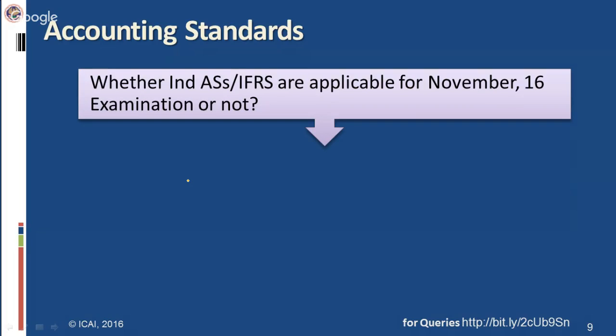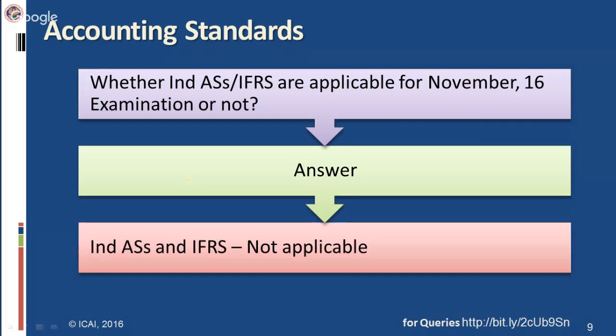Many students have also asked whether Ind AS, which are basically IFRS converged standards, are applicable for the November 16 examination or not. No, it's very clear. We have told you many times that this is not applicable for intermediate. Ind AS have been made applicable, but for final level students. For intermediate, whether it's paper 1 or paper 5, it's not at all applicable.